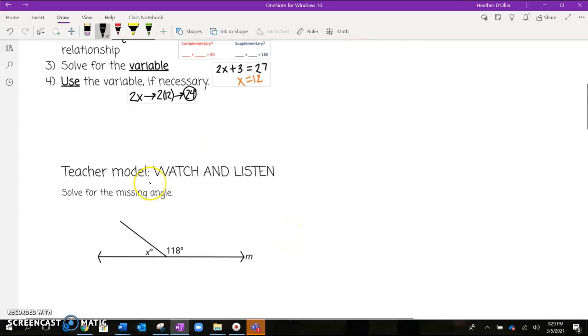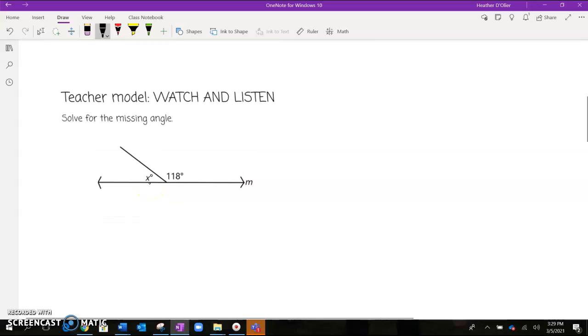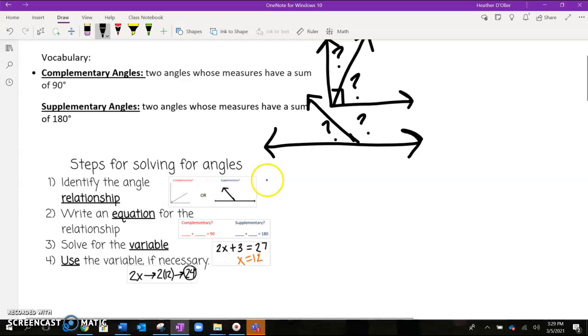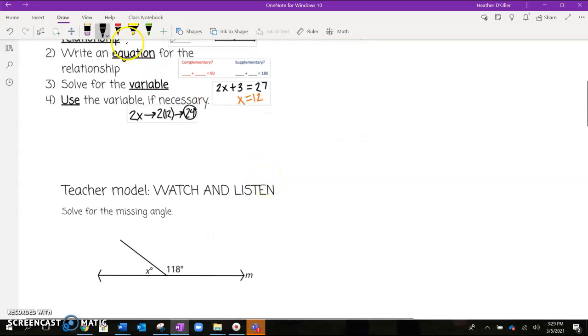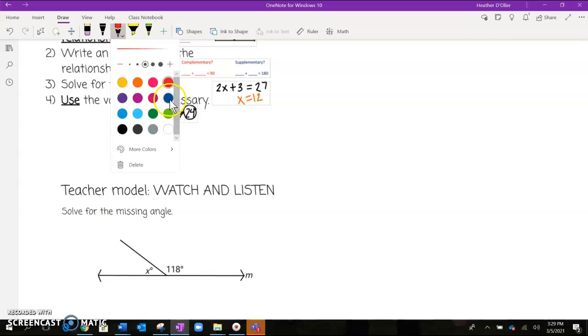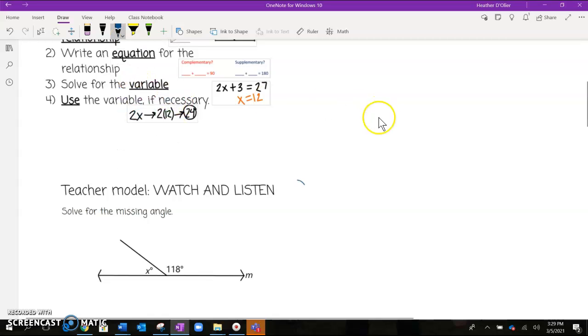So I'm going to model this first one, okay? Very first step, identify their relationship. So I'm going to scroll up to look at those. Oh, it's a straight line. This is a supplementary angle. And I'm going to even write it in blue so it kind of matches the stuff up there. All right, this is supplementary. Since it's a supplementary relationship, I need to write an equation that adds up to 180.